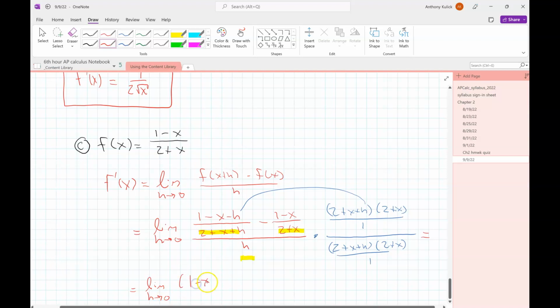So what I'll be left with is the numerator times that other 2 plus x piece. Is everybody okay with that? So I have the numerator that's left, and then the 2 plus x piece that hasn't canceled.